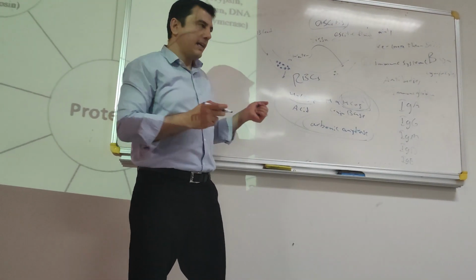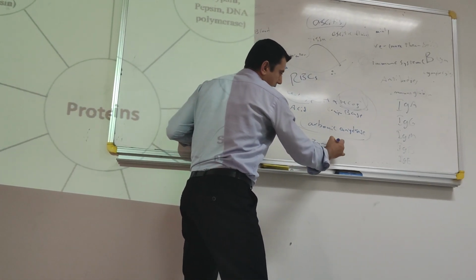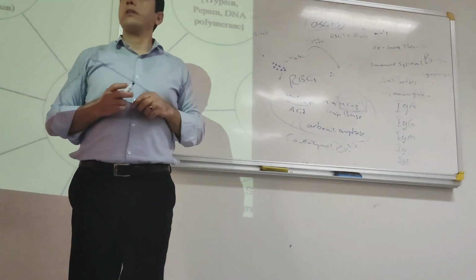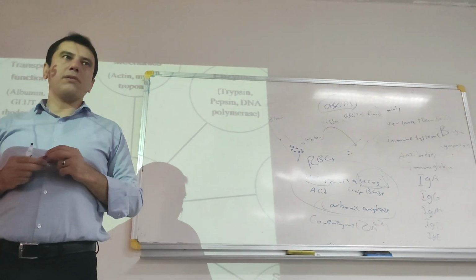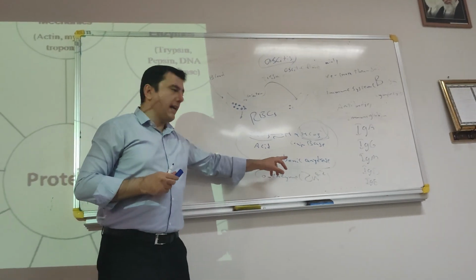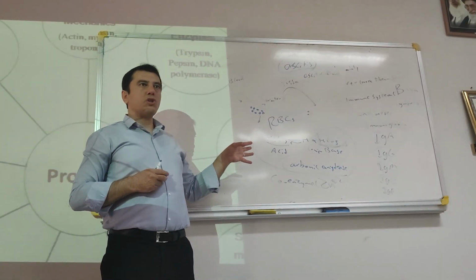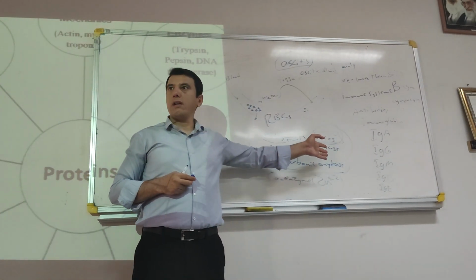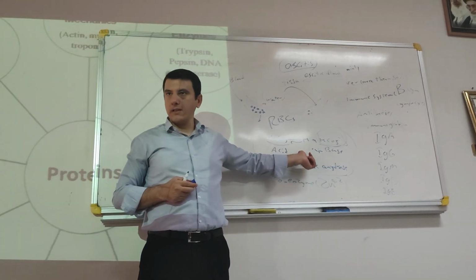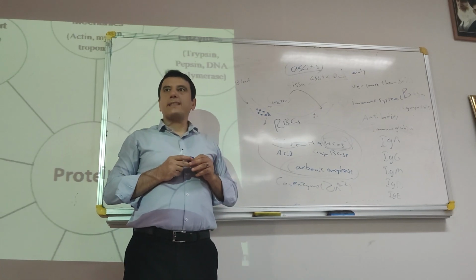Carbonic anhydrase needs a coenzyme, and it is Zn2+. Carbonic anhydrase is an enzyme which catalyzes this reaction in our RBCs and needs Zn for this reaction. Zinc.